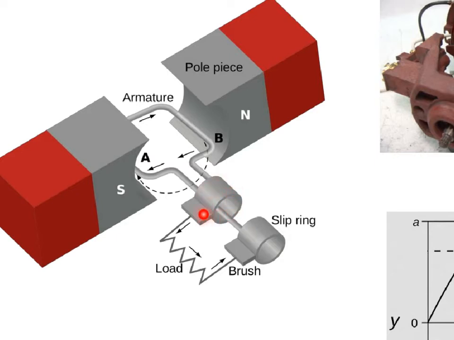So this is a solid metal ring which would be attached to usually an axle that would go through here. And then this ring would be attached to the axle, and this ring would also be attached to the axle. So the axle is not shown in this diagram. So you have two slip rings. One slip ring attaches to one end of this loop of wire, so that would be this one coming through here attaches to this slip ring.